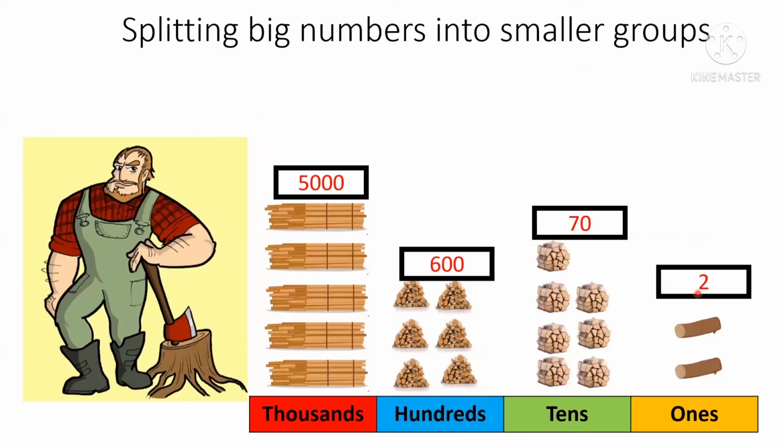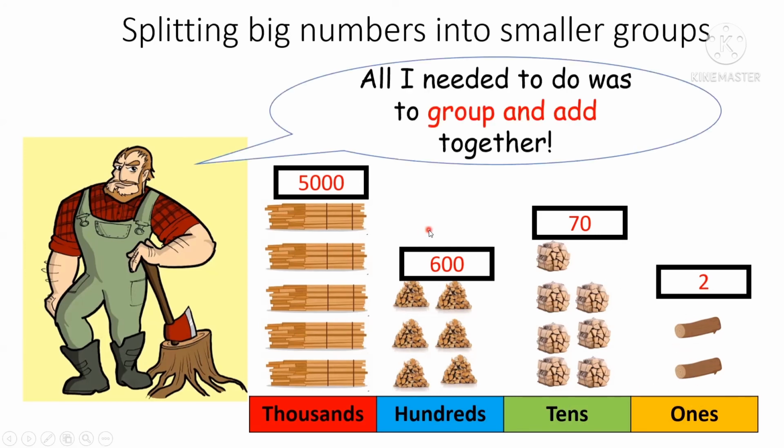Let's do it. Okay, so let's split these logs into ones, tens, hundreds, and thousands. Here, in thousands, we have 5,000, 5 units of the thousands unit, 6 units of the hundreds unit makes 600, 7 units of the tens makes 70, and 2 units of ones is 2.